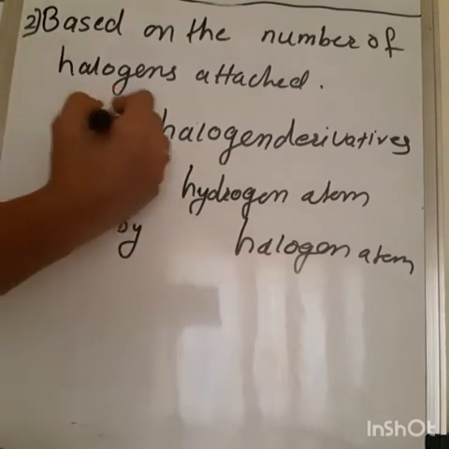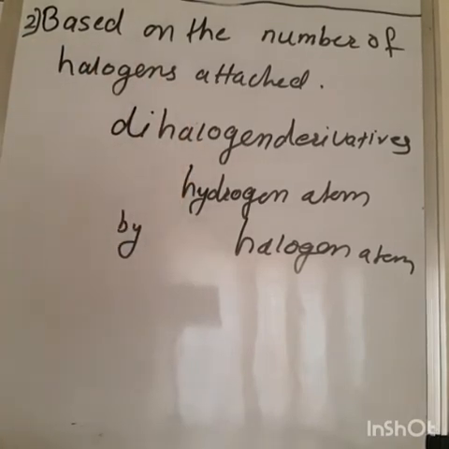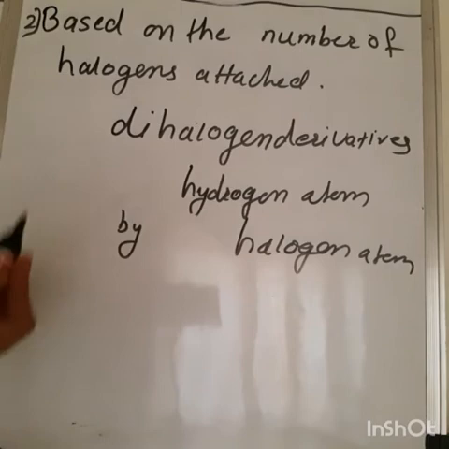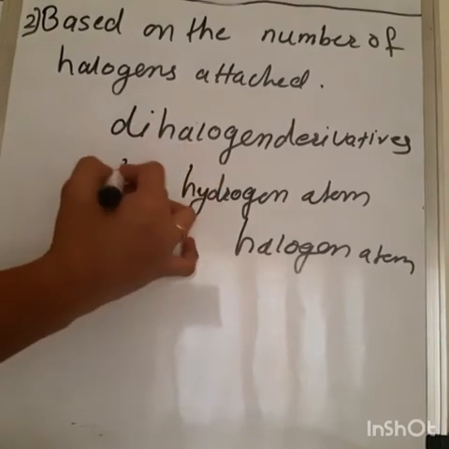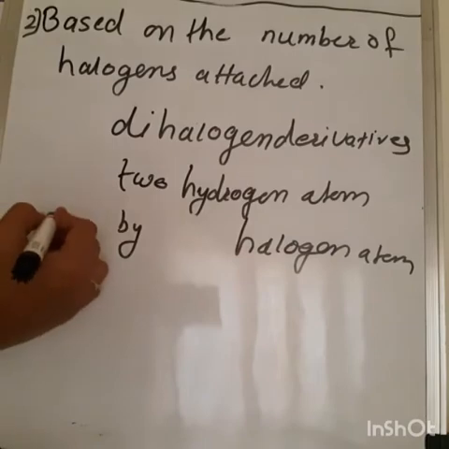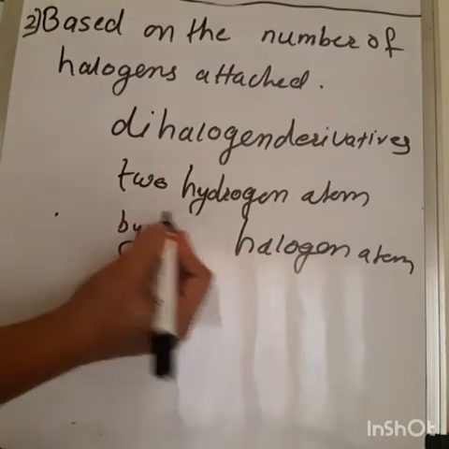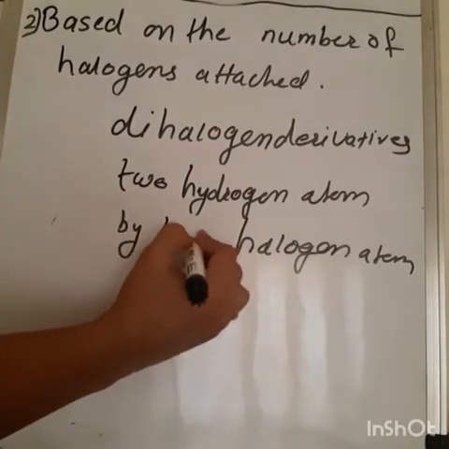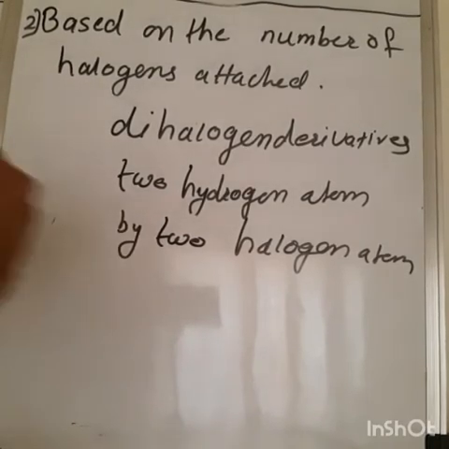Now, what about dihalogen derivatives? These are the compounds in which two hydrogen atoms are replaced by two halogen atoms in a single compound.